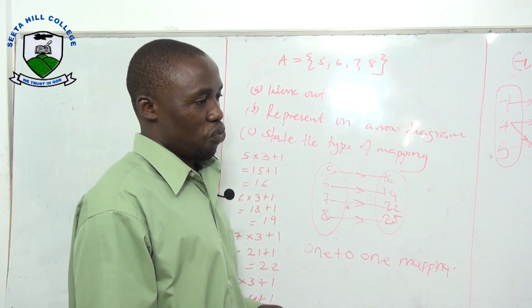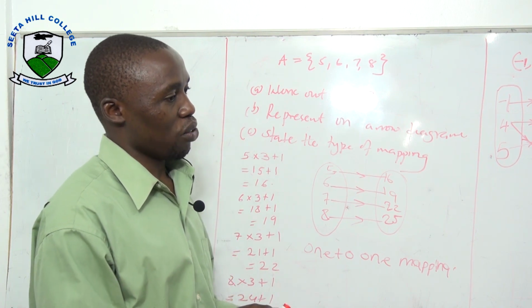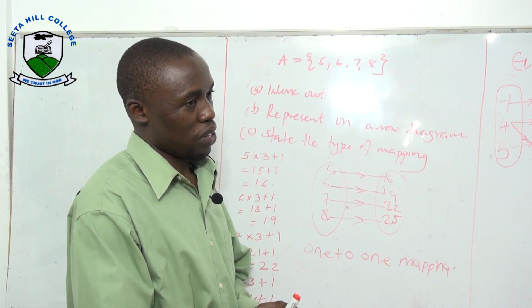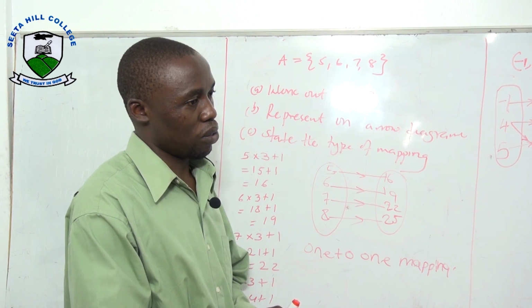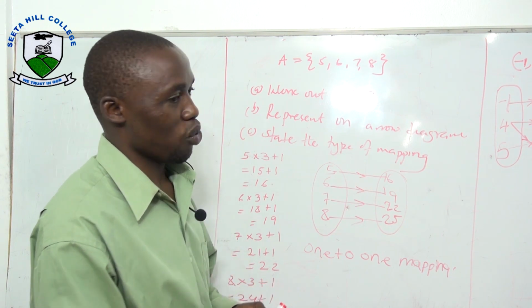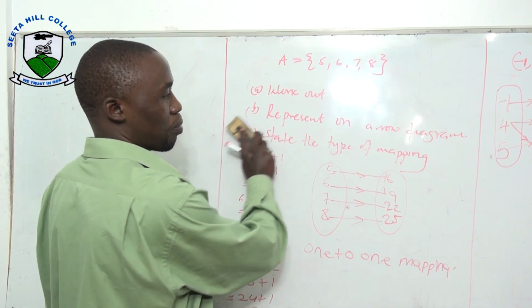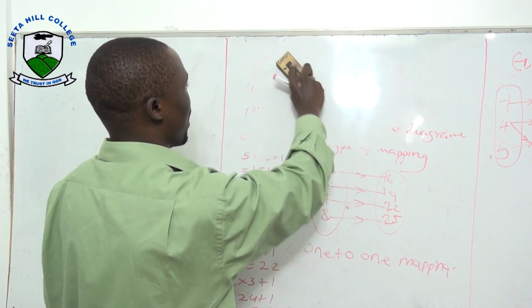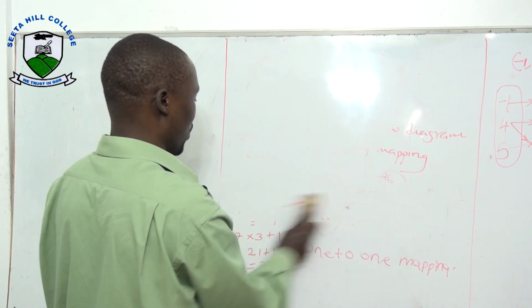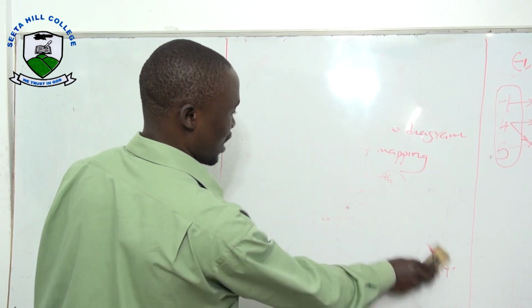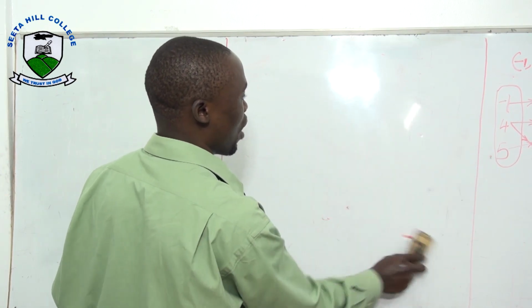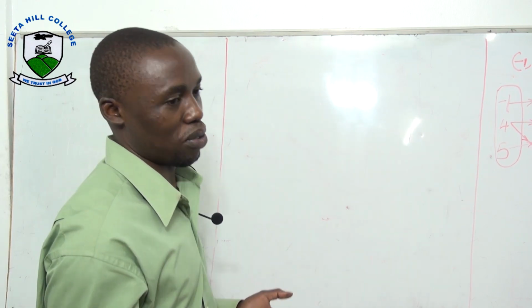Now let us drop to functions, because we cannot go without talking about them, because remember that we met them in function machines. You remember that? Okay, you can write a function now. It is a one to one mapping in simple terms.